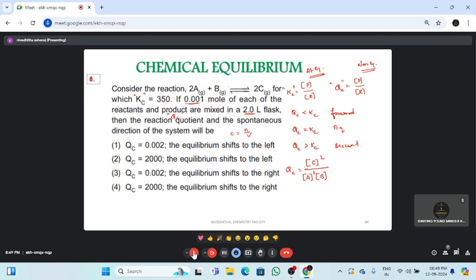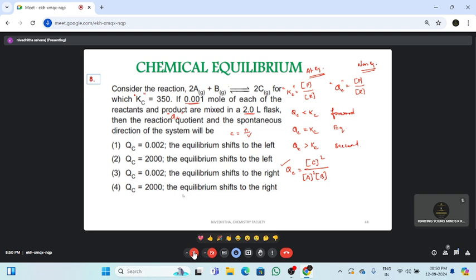Please substitute here and find the value of Qc. And from the value of Qc, we can screen the options, and from the screened option, find the original answer. Once you found the value of Qc, you can compare it with Kc, which is already provided, which is 350. So by comparing Qc and Kc, we can find the direction of the reaction.